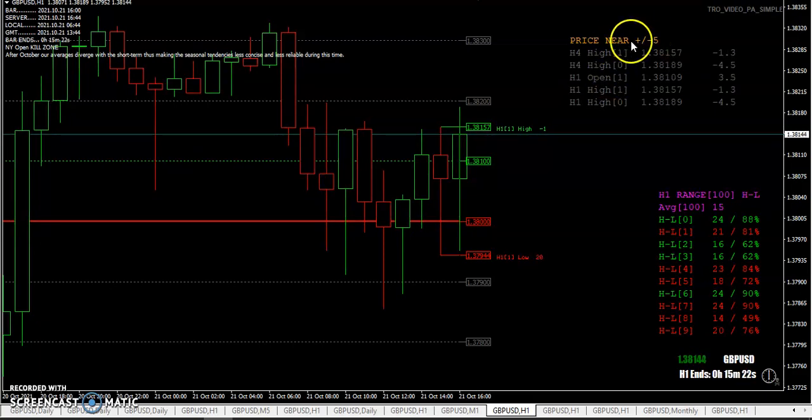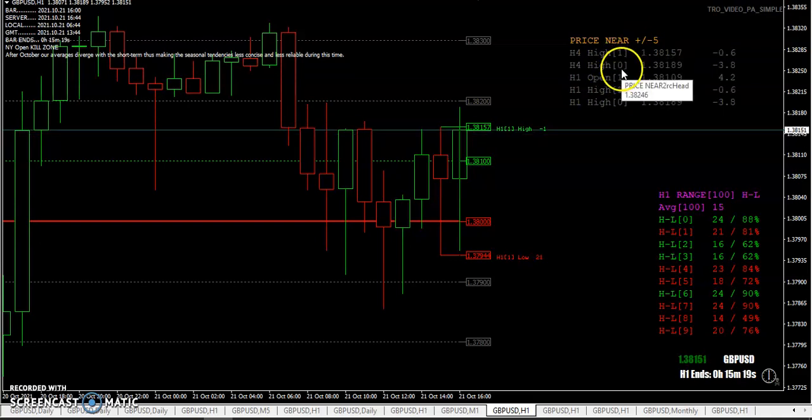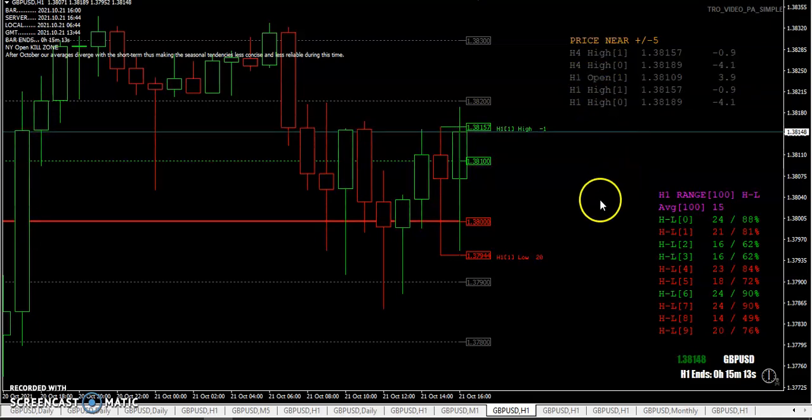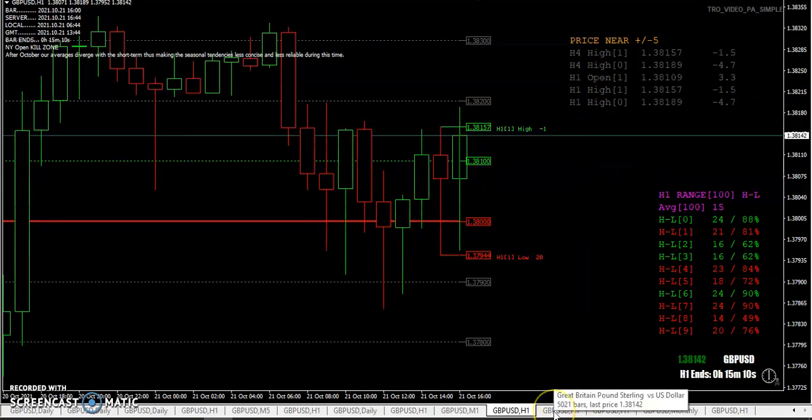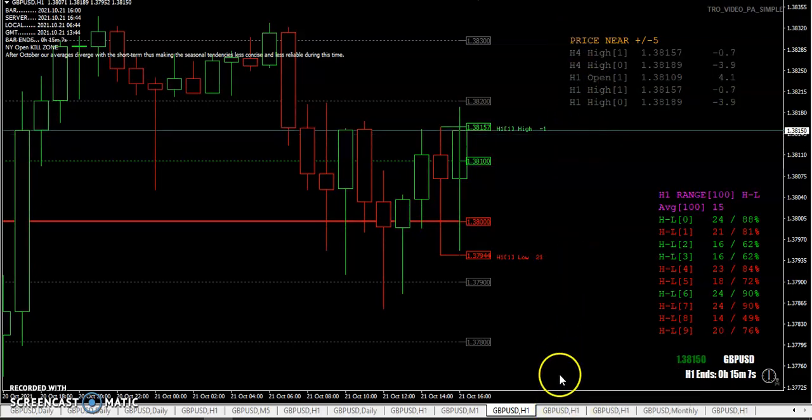And the price near indicator tells you, depending on how many bars you want to look at, if you're near highs, lows, opens, closes, pivots for the time frames that you specify.